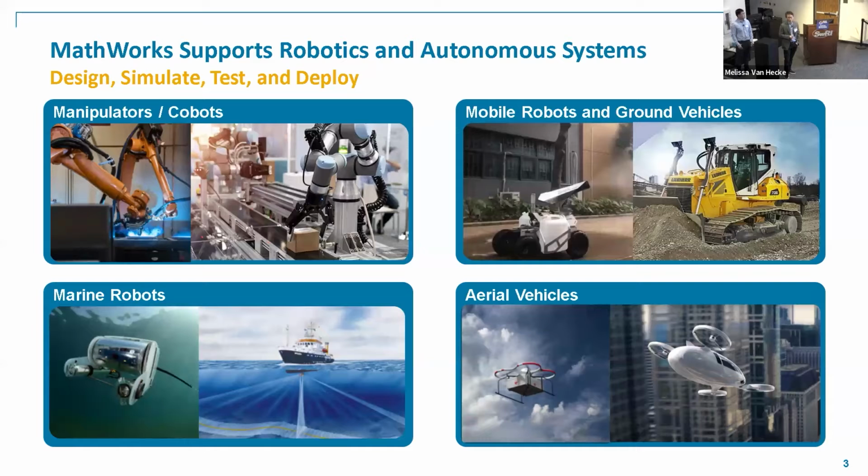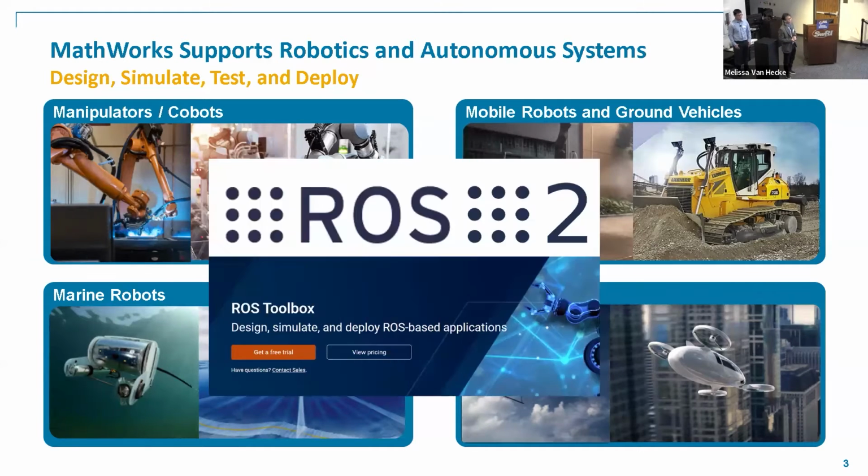We speak a lot about robotics and autonomous systems: robots on the ground, robots in the air like drones, robots underwater, and obviously on the factory floor. We see a lot of our MATLAB-based users now leveraging ROS and ROS 2 capabilities more and more.